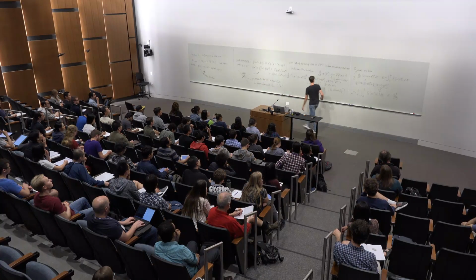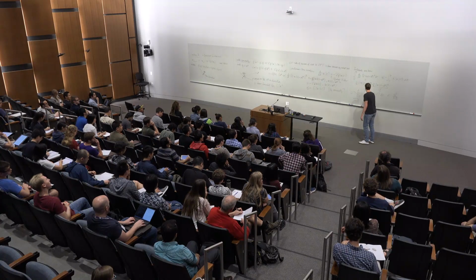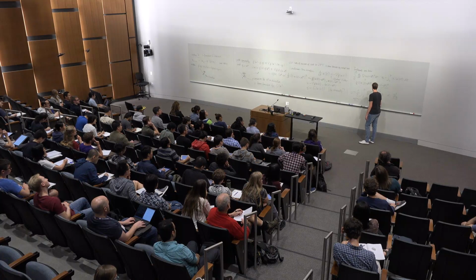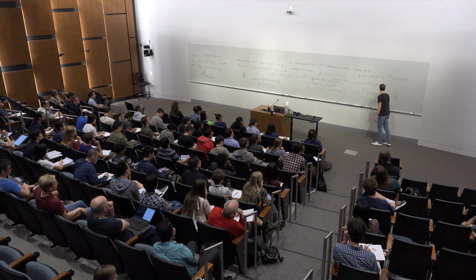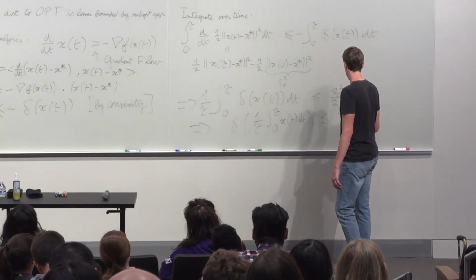So I know that this also implies that delta of 1 over tau times the integral from 0 to tau of x of t dt is also upper bounded by r0 squared over 2 tau.